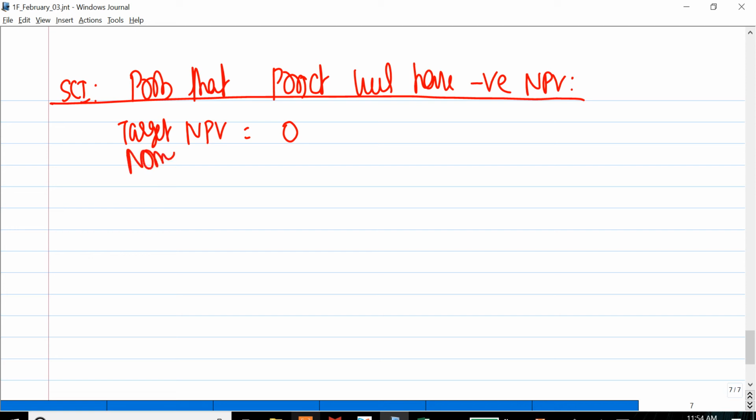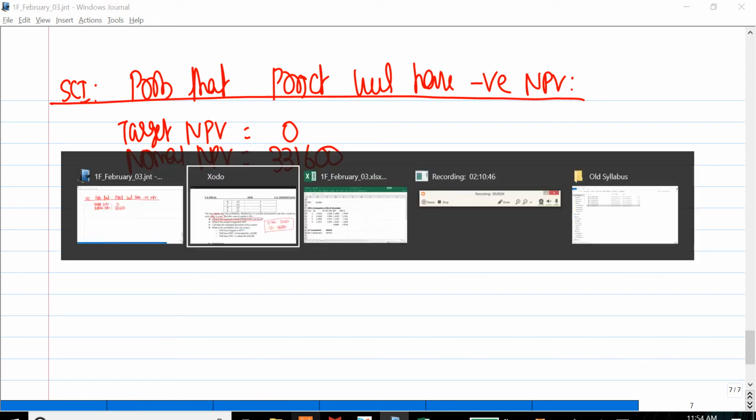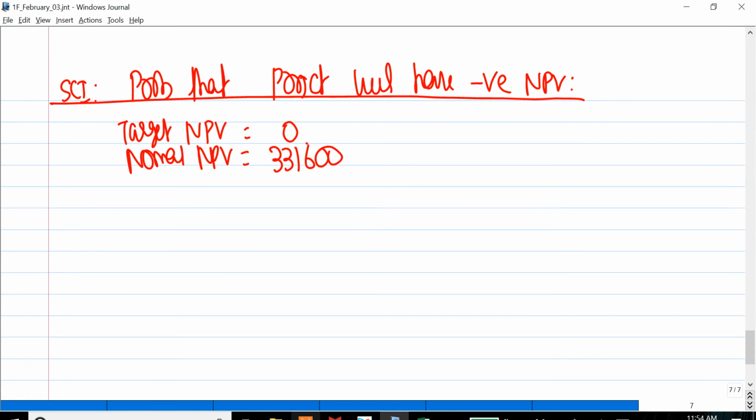Normal NPV is 331,400. Then the standard deviation of the NPV was 486,820. I can write target time to reach office, normal time to reach office, and standard deviation of reaching office. These three could be the variables which I need.